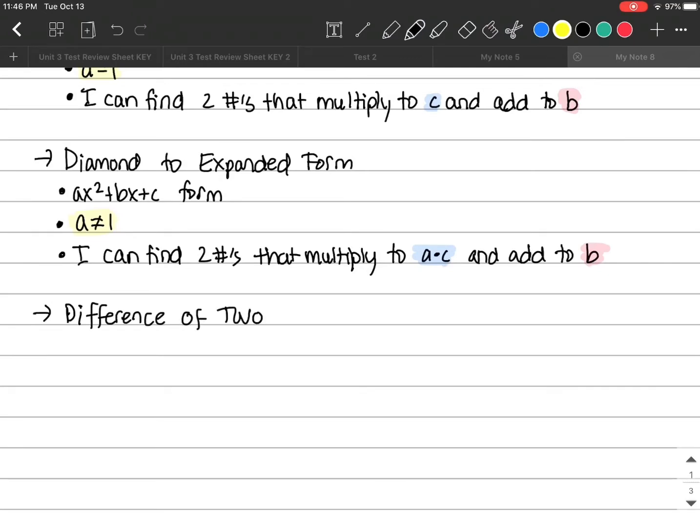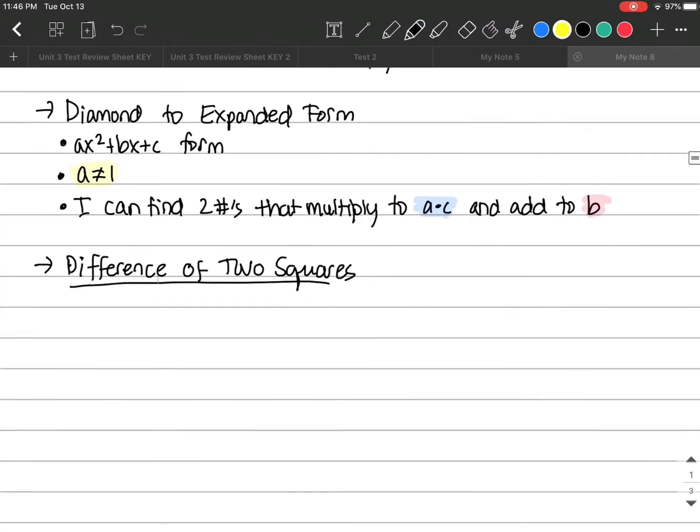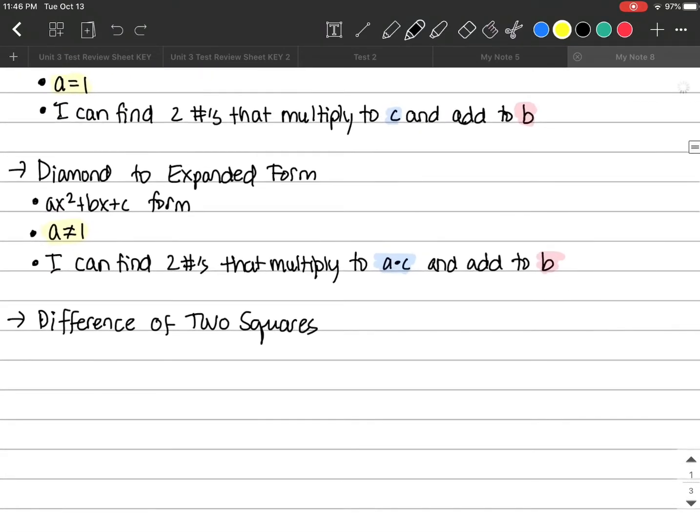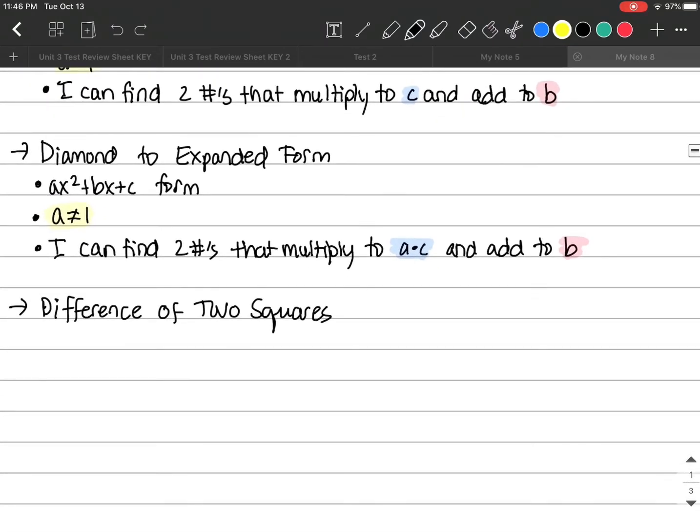Then the third method that we talked about for factoring was the difference of two squares. In the difference of two squares, we have only two terms. So we have ax squared and c, no b, no bx.